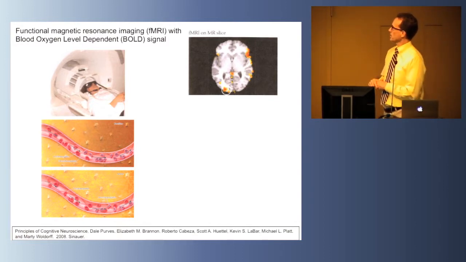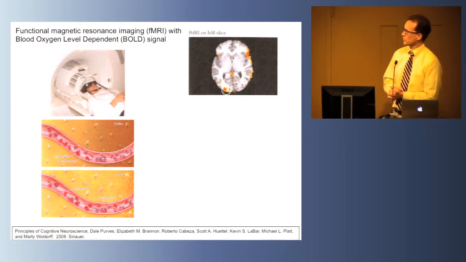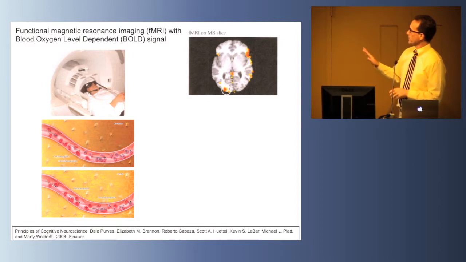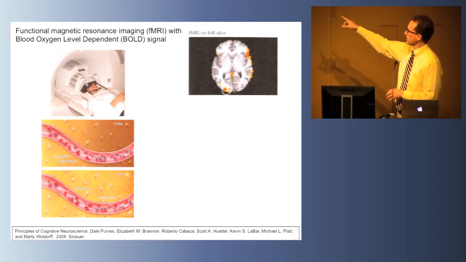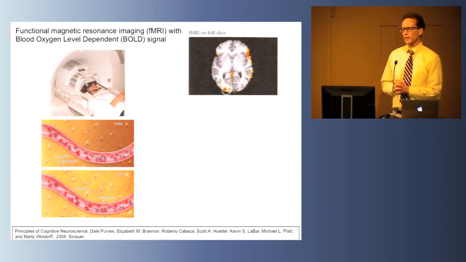In any event, you get an image like that shown on the upper right, which is another horizontal section through a human brain. And we see the gray and white as the structural MR scan, and superimposed on it in red and yellow, and the red in the back is circled there.